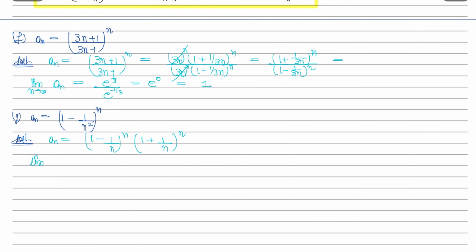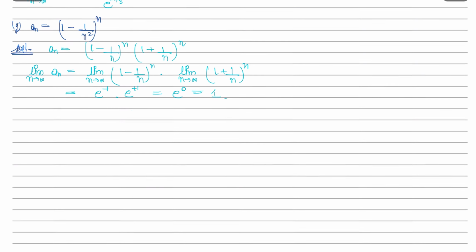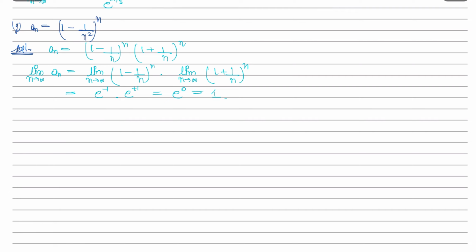Taking limit, it is equals to limit n tends to infinity 1 minus 1 by n to the power n, and we can write it as separate limit for both terms. The first term will converge to e to the power minus 1 and the second term will converge to e to the power plus 1. So this becomes again e to the power 0, which is 1. So this sequence will converge to 1 again.